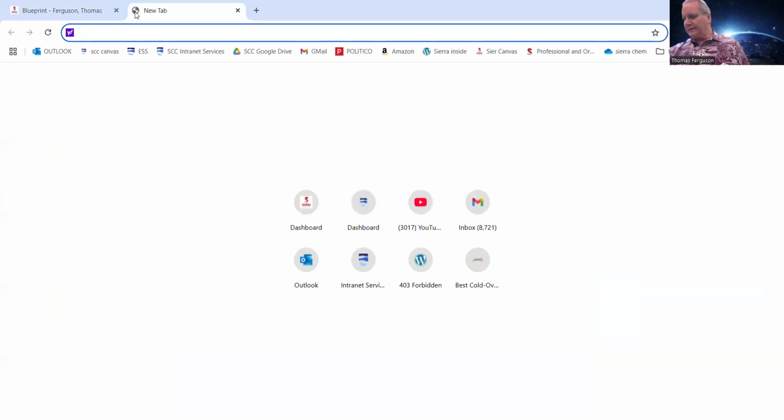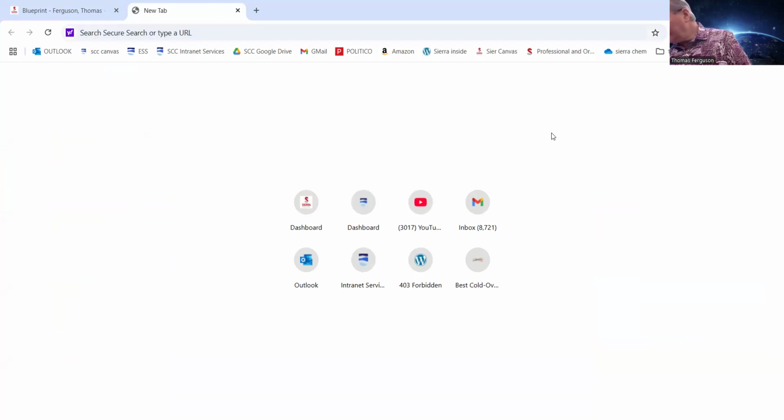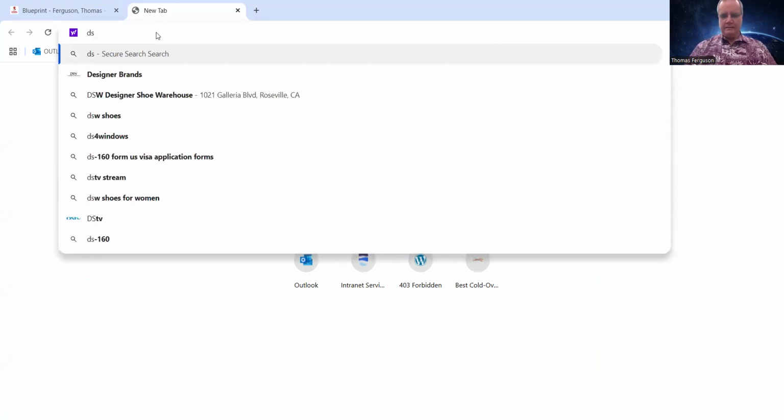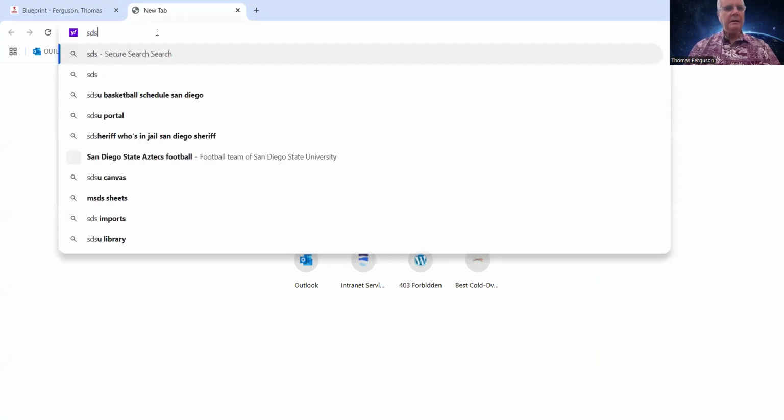Okay, so we're going to look up the first aid for copper sulfate. Now, there's something called SDS. SDS stands for Safety Data Sheet.